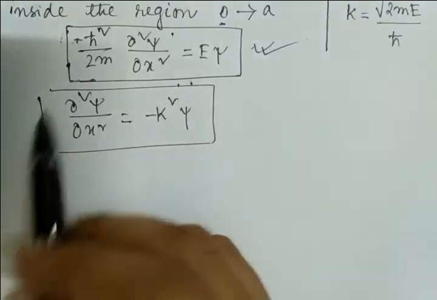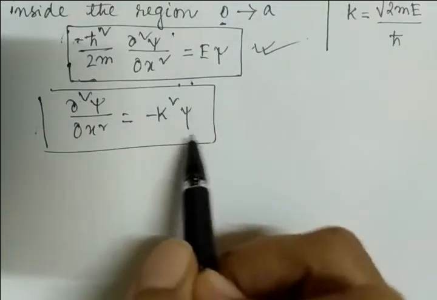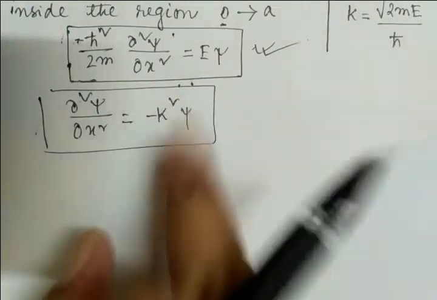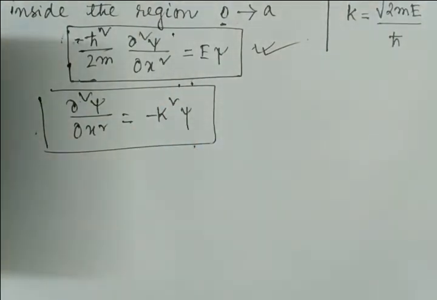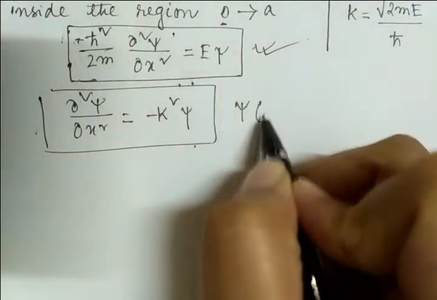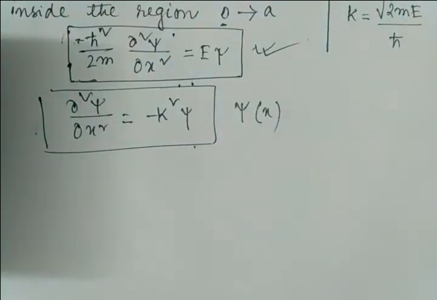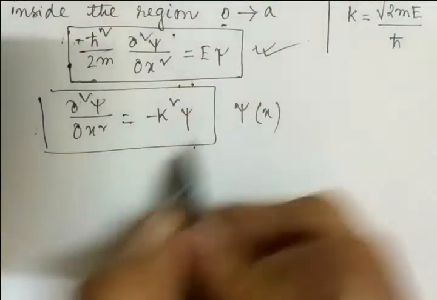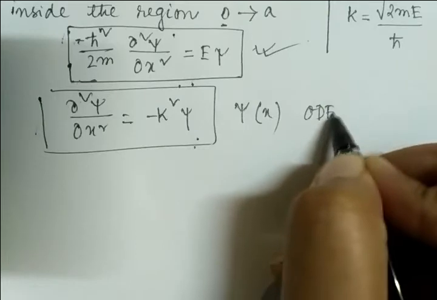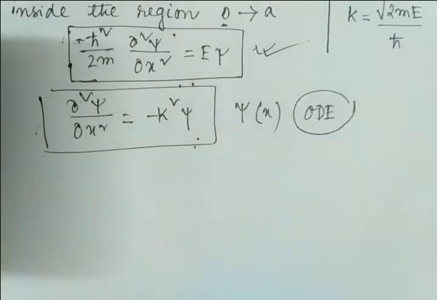Here we are considering the one dimensional time independent equation, so psi must be a function of x, not time, right? This is the ordinary differential equation, simply written as ODE. You all know this term, ODE.